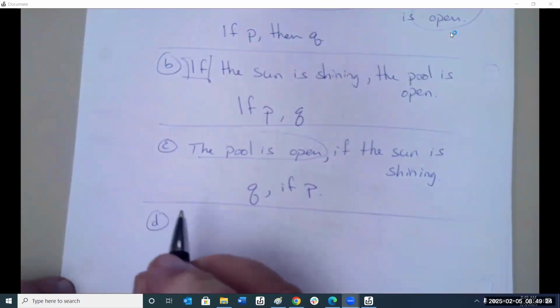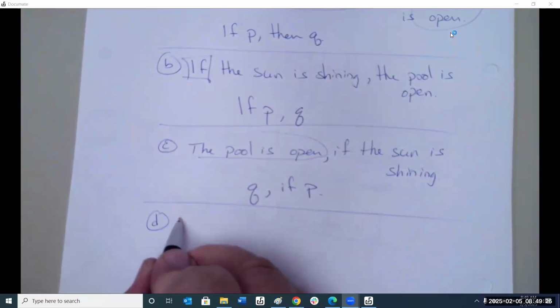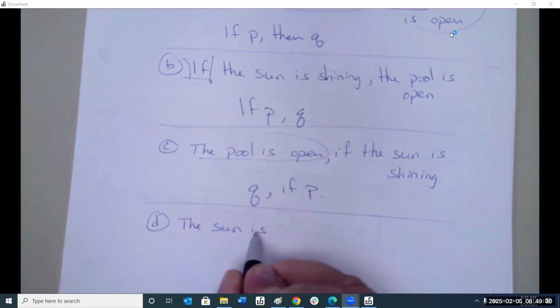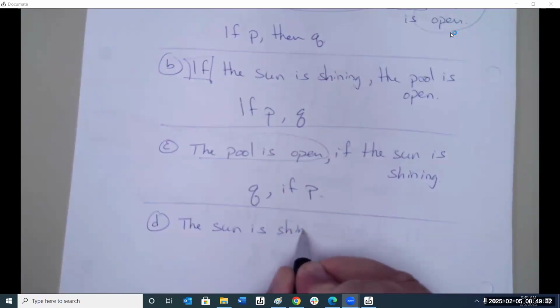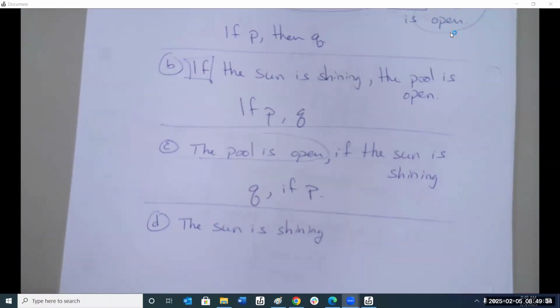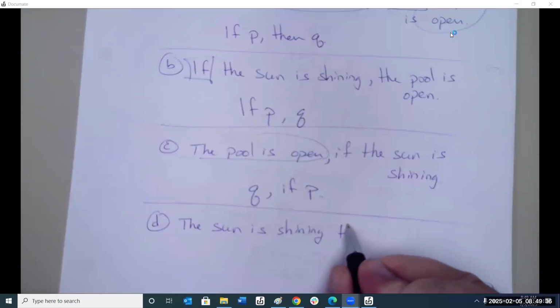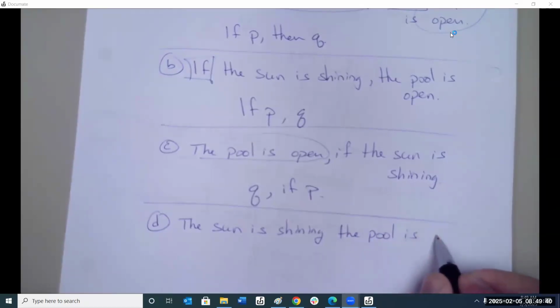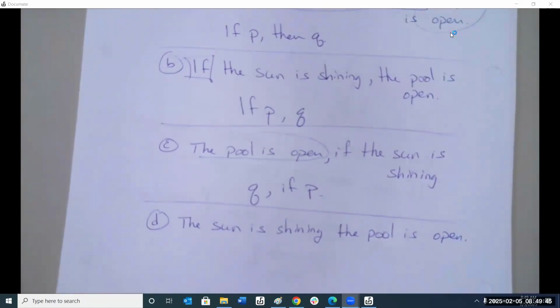D. The sun is shining. The pool is open. It's the same thing.